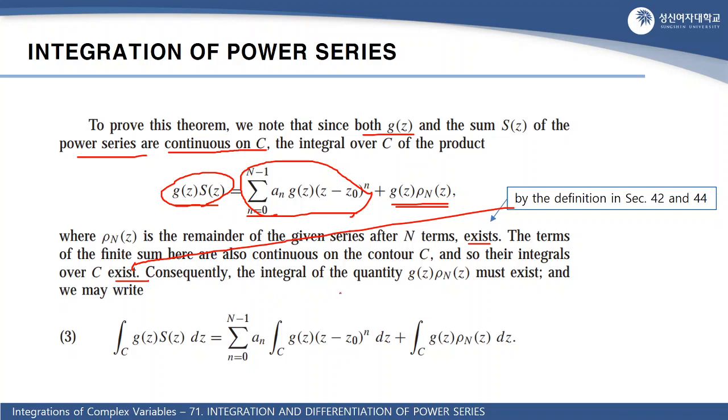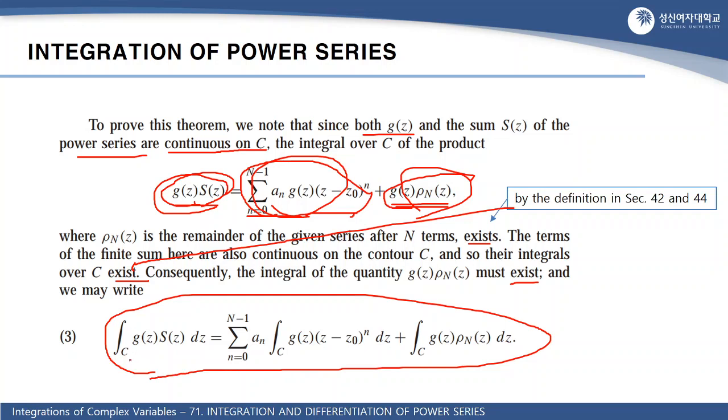Consequently, the integral of the second part must exist, because the integrals of the two parts, this and this, exist. So the integral of the remaining part should exist. So we can write expression 3.